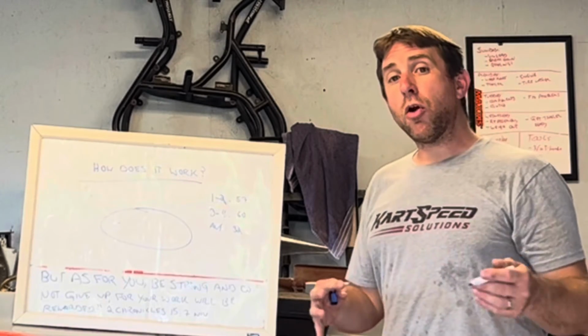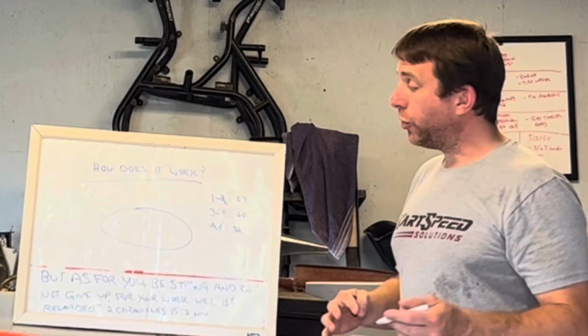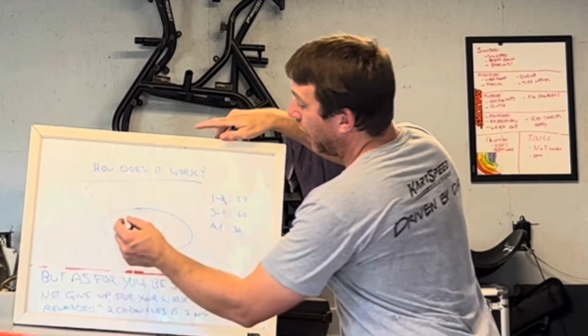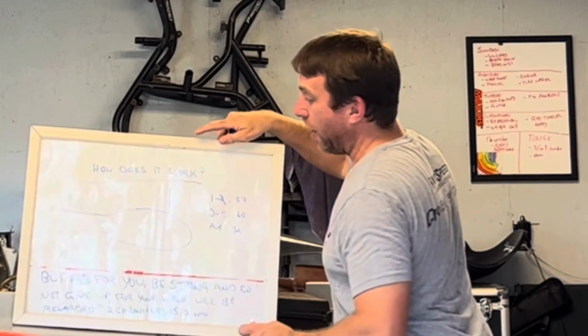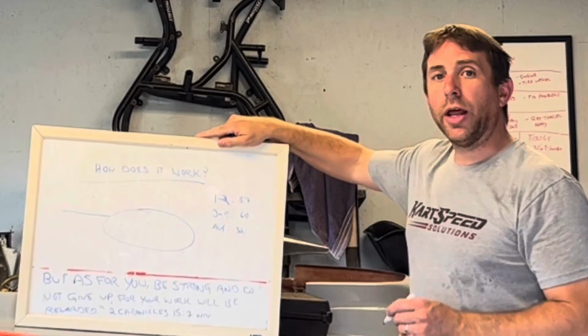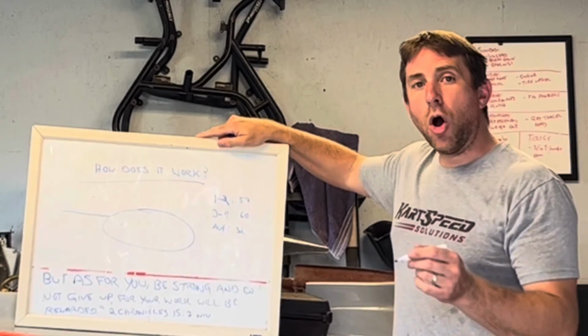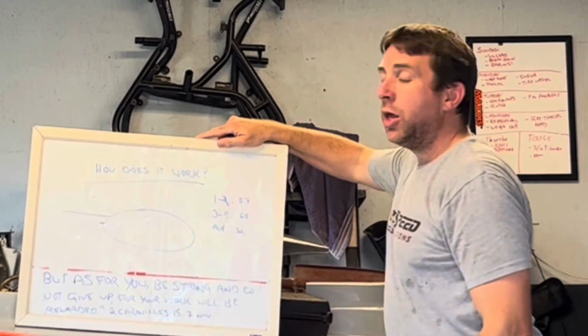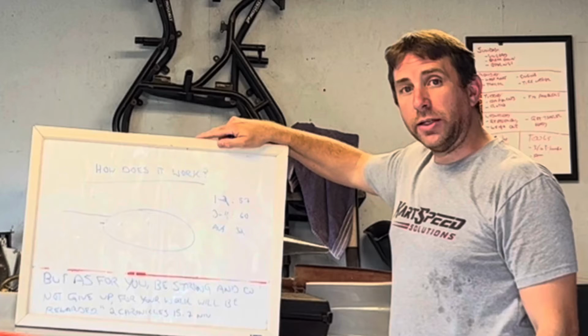The longer the line is away from the graph, the more the go-kart is rolling over on the right sides. The shorter the line, the less it's rolling over.